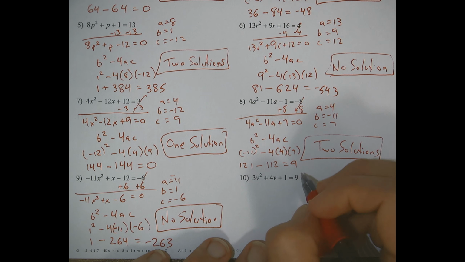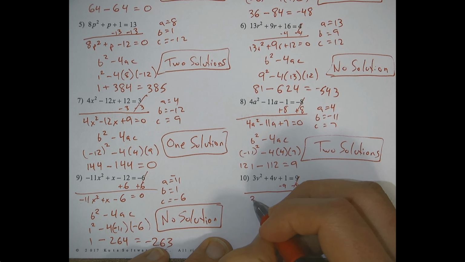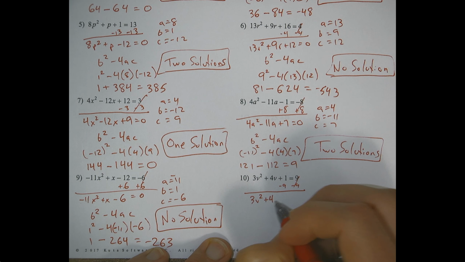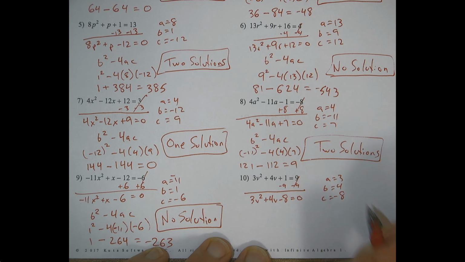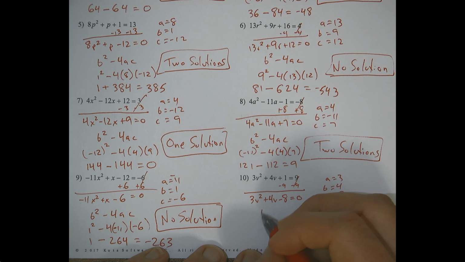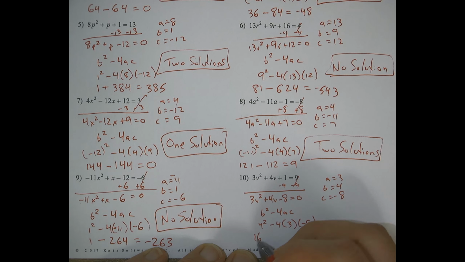All right, number 10, we're going to minus 9. So I get a negative 8. So I have 3, 4, negative 8. So 4 squared minus 4 times 3 times negative 8. 4 squared is 16.